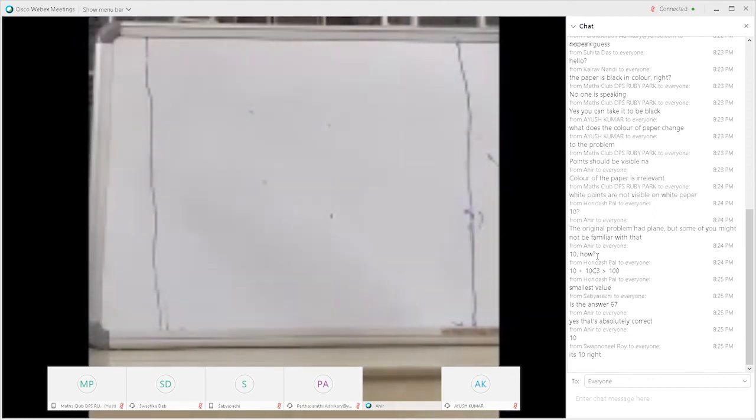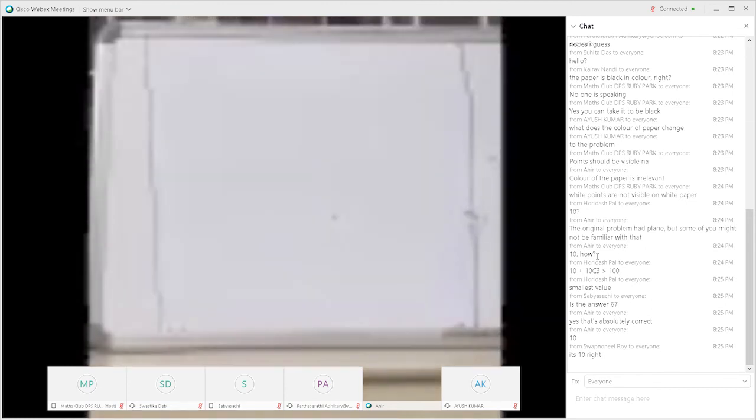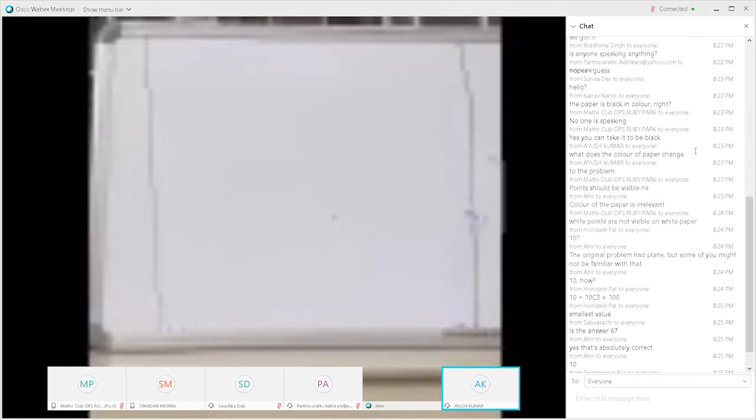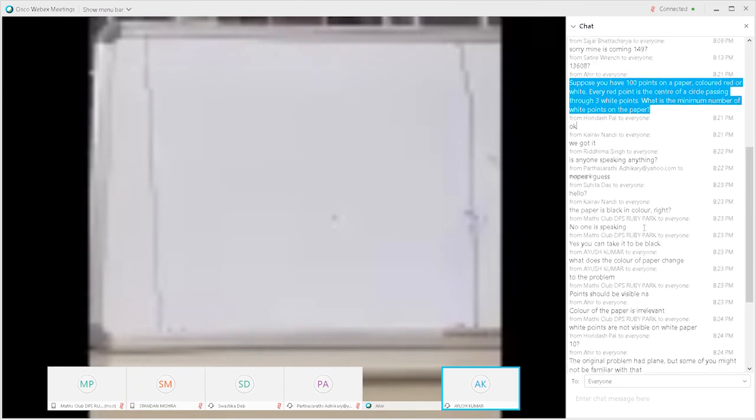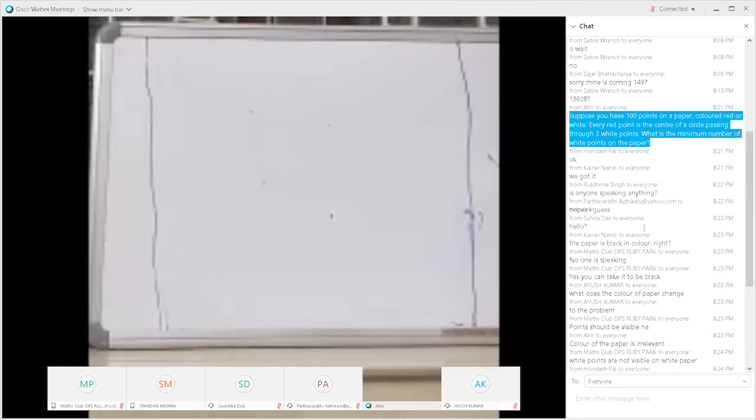What is the maximum number of red points that you can obtain from these n white points? It's NC3.